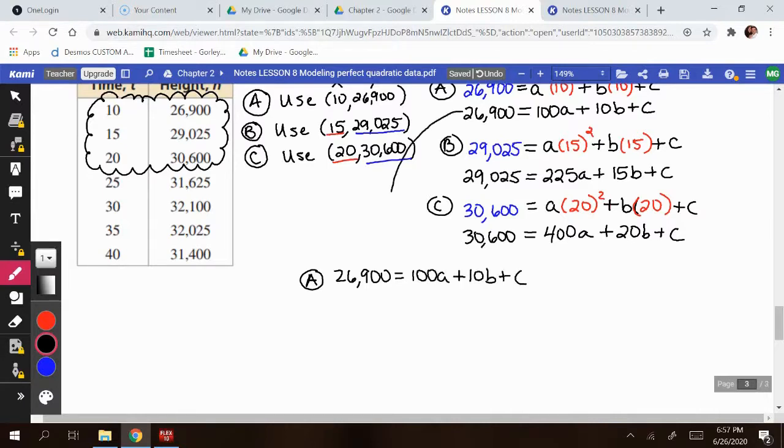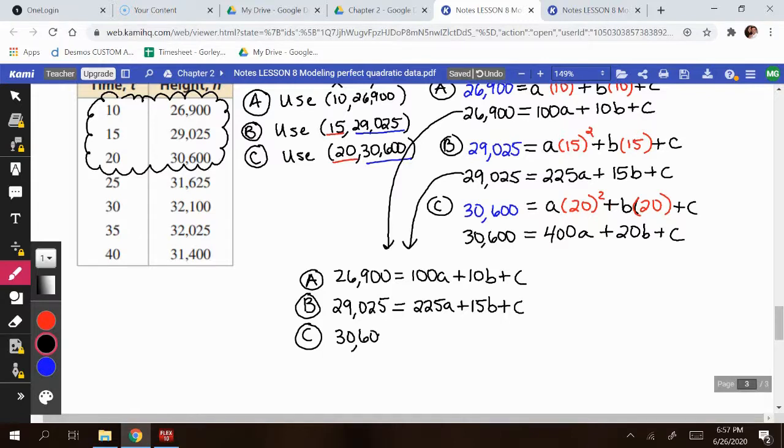That was our equation A. Our equation B was 29,025 equals 225a plus 15b plus c. Okay, that came from my equation B. And then equation C was 30,600 equals 400a plus 20b plus c.